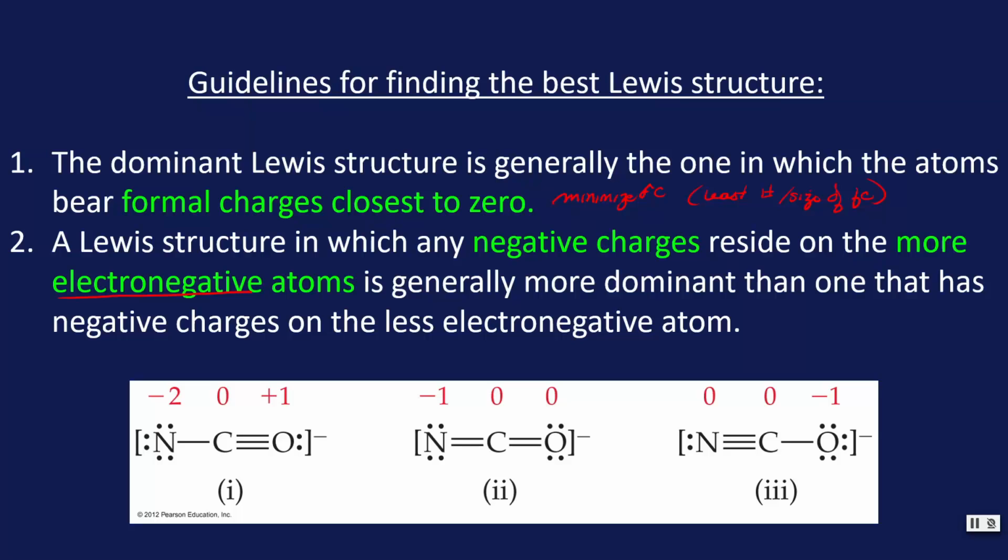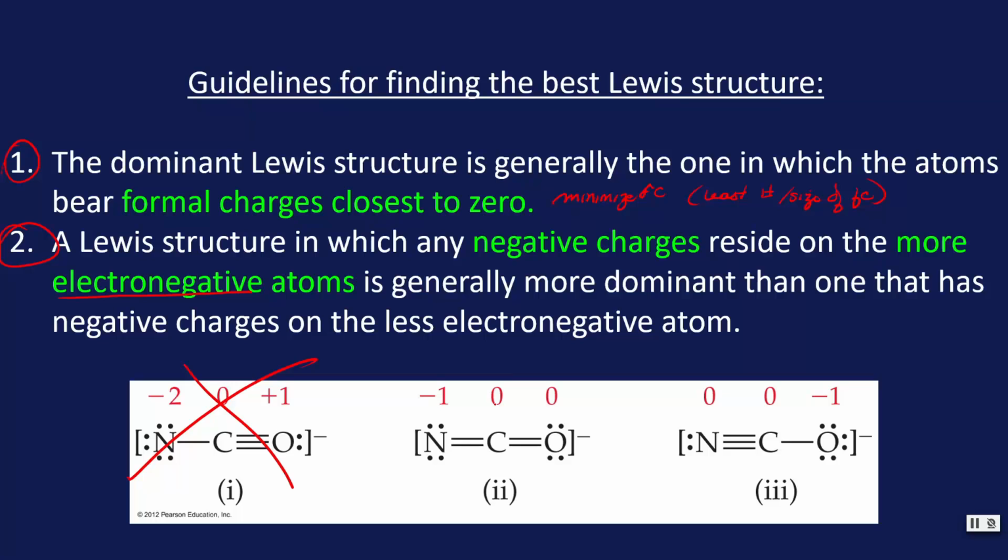So looking at these 3 options for our NCO, we can take a look and say, which one's going to be eliminated according to rule number 1? Well, this one. It has 2 formal charges, and they're larger. These 2 each have the same number of formal charges, so we can't decide about that. But we can decide using rule number 2 which one is going to be the better structure.